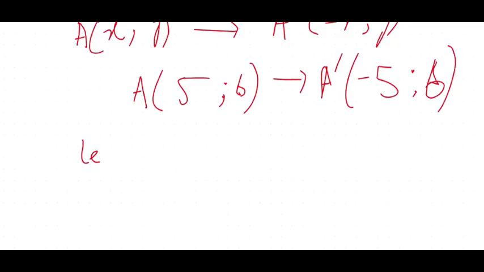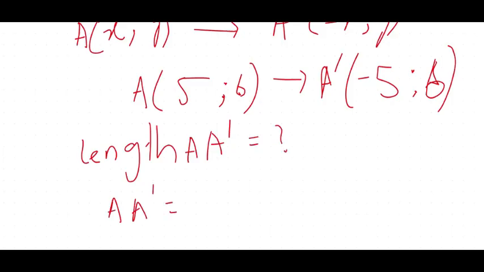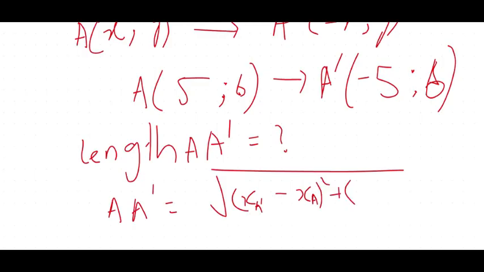So we use the distance formula, which is the square root of (x A prime minus x A) whole square plus (y A prime minus y A) whole square.